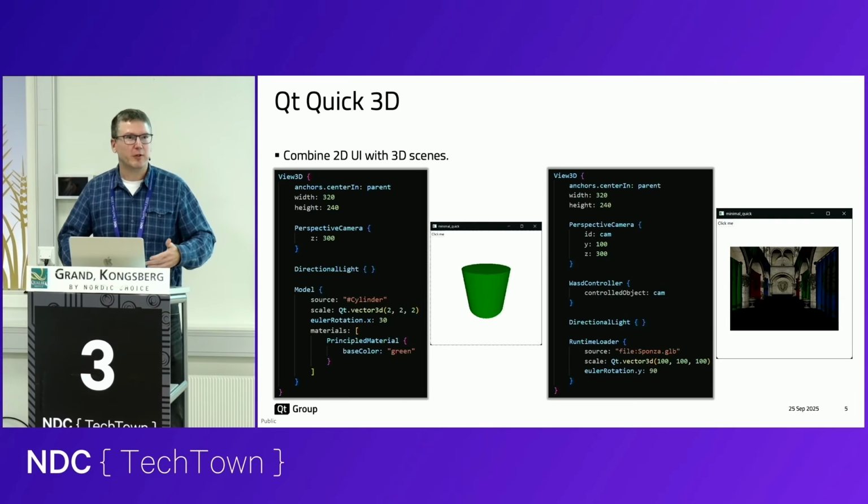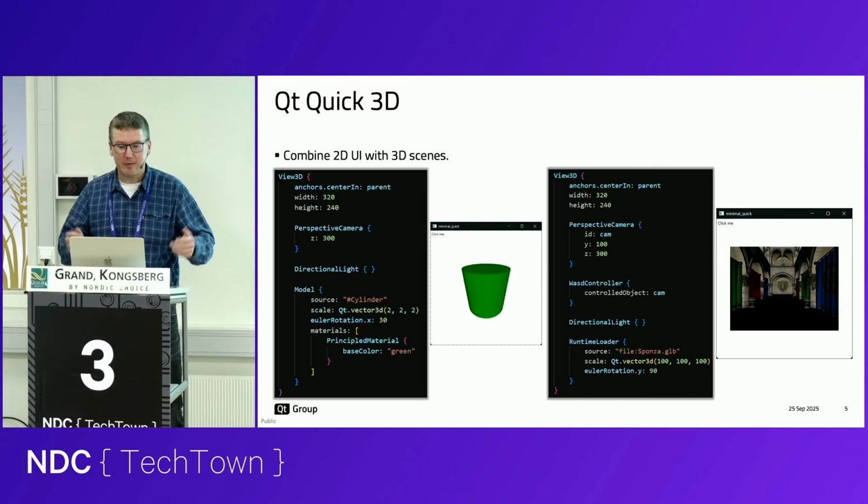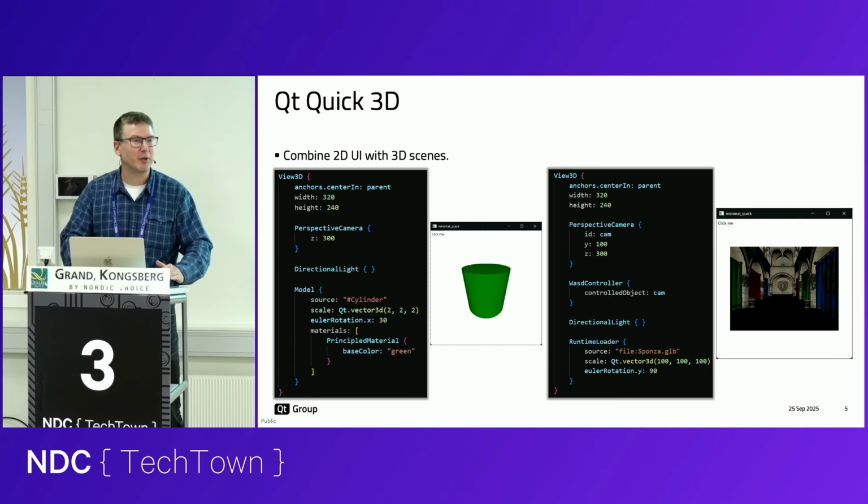The goal is not that Qt is now a game engine, because the focus is more on creating these combined 2D, 3D user interfaces, which are relevant in many places. So that's just an example: if I were to add the View3D item to the same example after the button, then I have a 3D scene. In there it's a slightly different world now. I work with cameras, lights, models, materials.